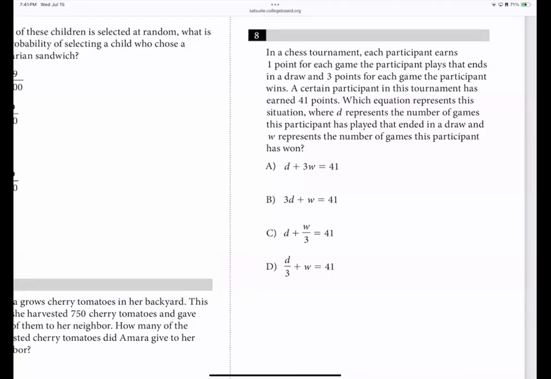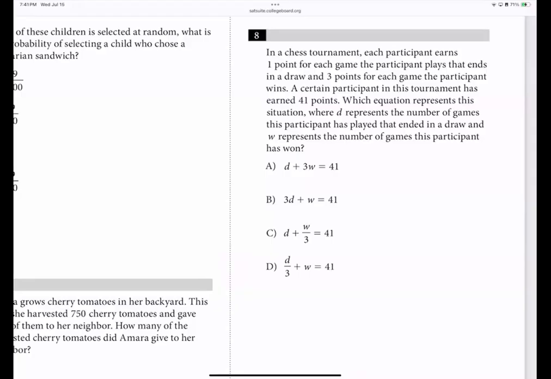A. In a chess tournament, each participant earns 1 point for each game that ends in a draw, and 3 points for each game that the participant wins. A certain participant in a tournament has earned 41 points.